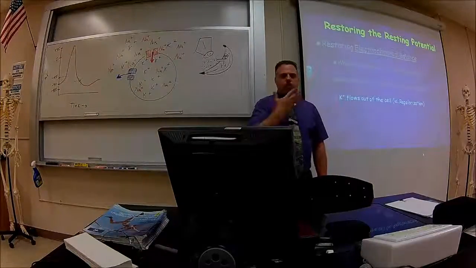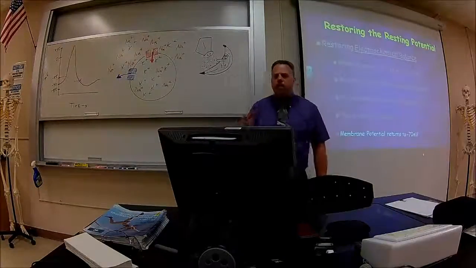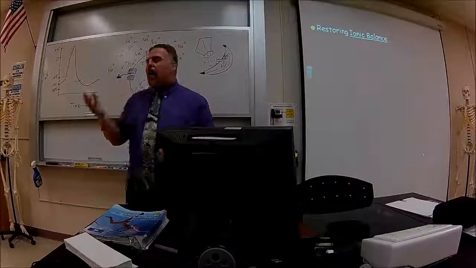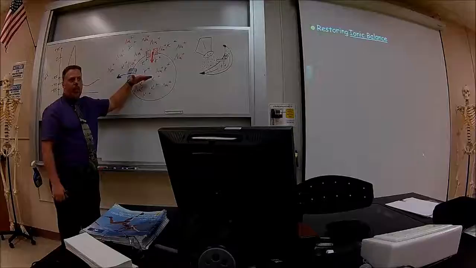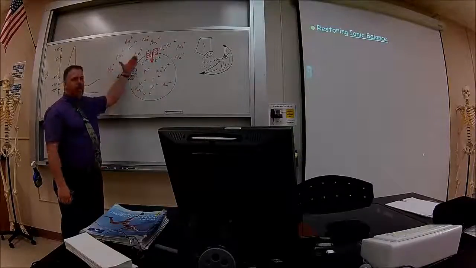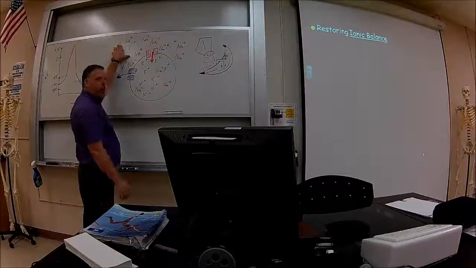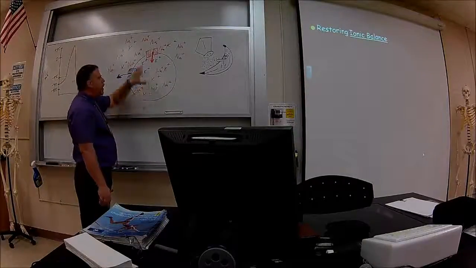Repolarization will fix that, and that happens with diffusion. But to get the ionic balance, in other words to get the potassium back into the cell and the sodium back out of the cell, because this is the way it was at rest, right? We have more sodium out than in, and more potassium in than out.